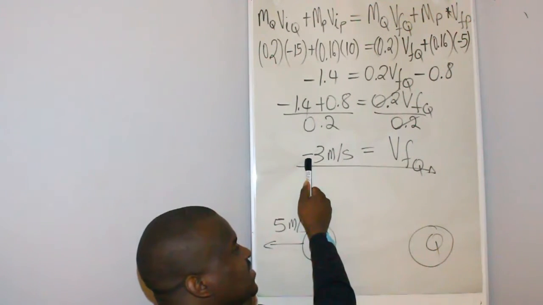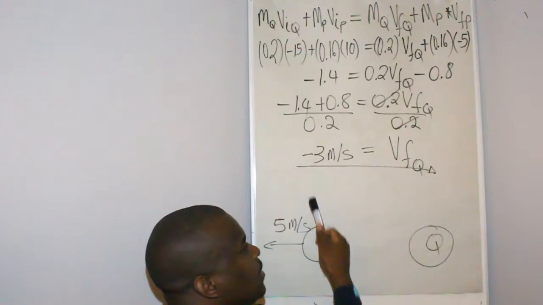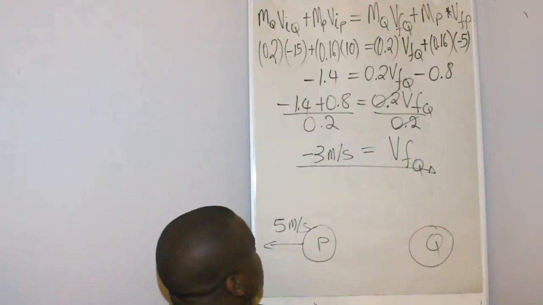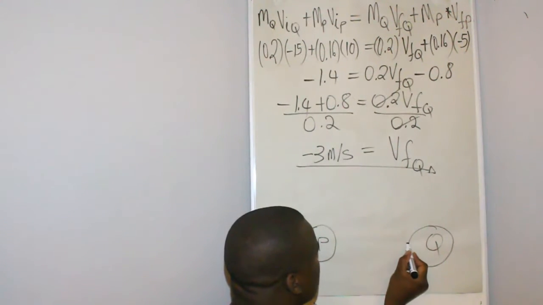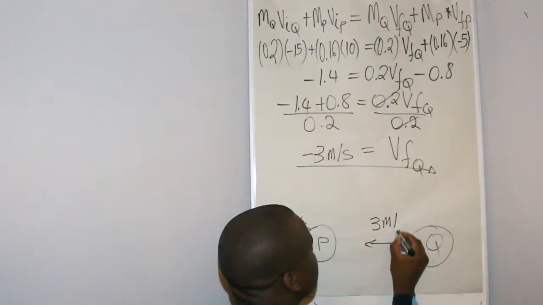Since it has a negative sign, according to our coordinate system, it should be moving to the left. Which means ball Q is also moving in this direction at 3 meters per second.